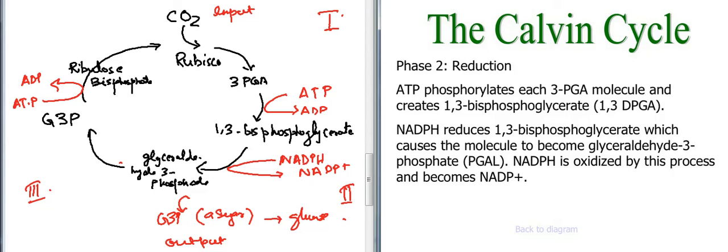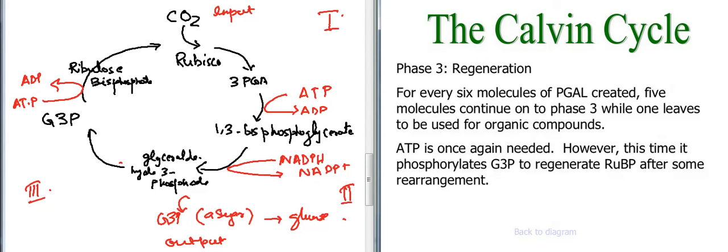So in the second phase we are seeing that ATP phosphorylates each 3-PGA molecule and creates again an unstable compound, that is your 1,3-bisphosphoglycerate, and finally in the third part every 6 molecules of PGA are created, because the Calvin cycle is going to run 6 times. So 5 molecules continue on in phase 3, while one will be used in the organic compounds.